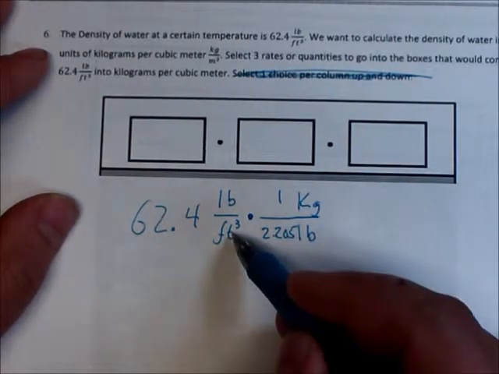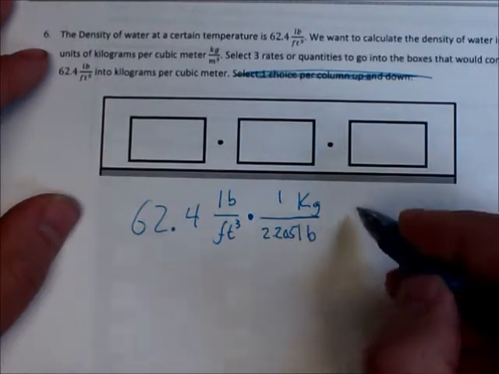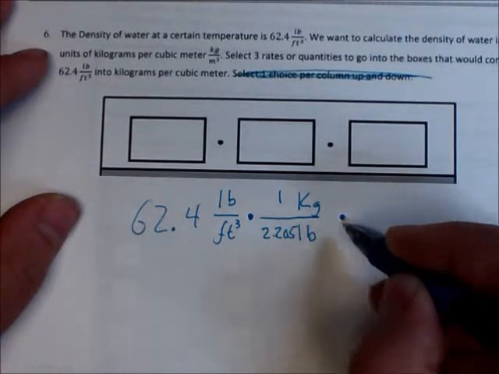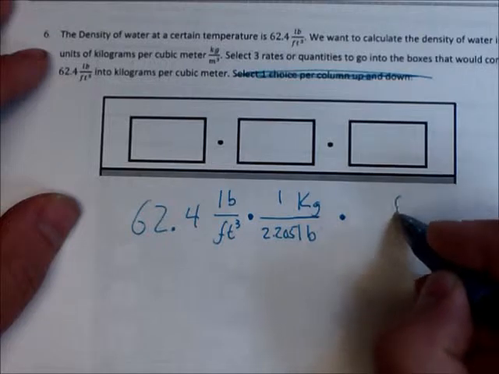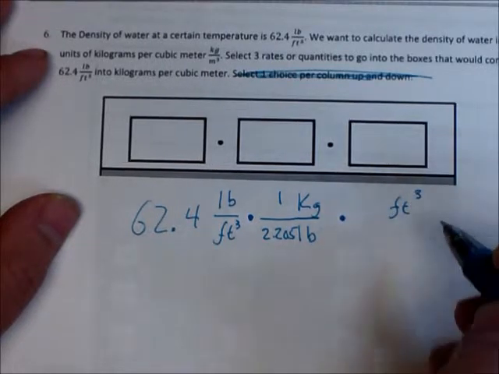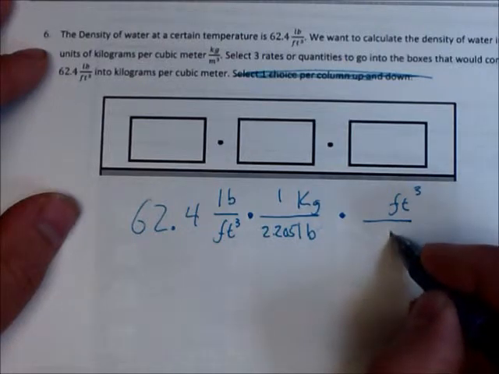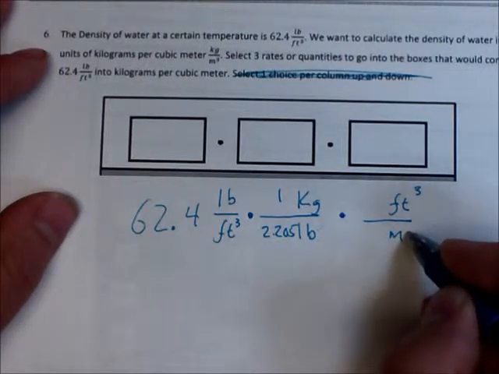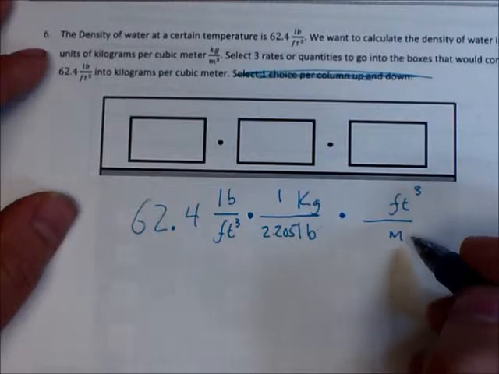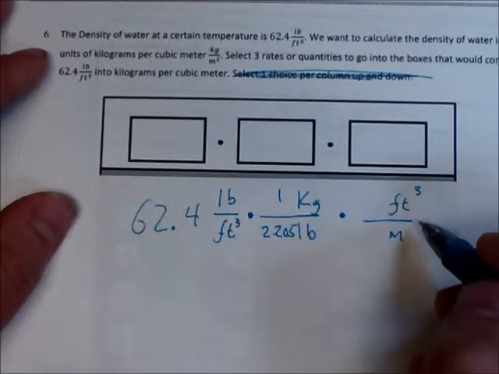Now I need to turn feet cubed into meters cubed. So I also want to multiply by something that's going to have feet cubed on the top and meters cubed on the bottom. So I need to know how many feet per meter.